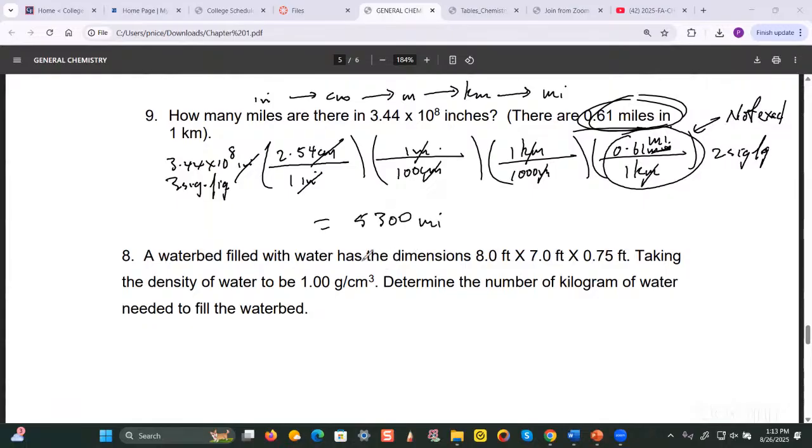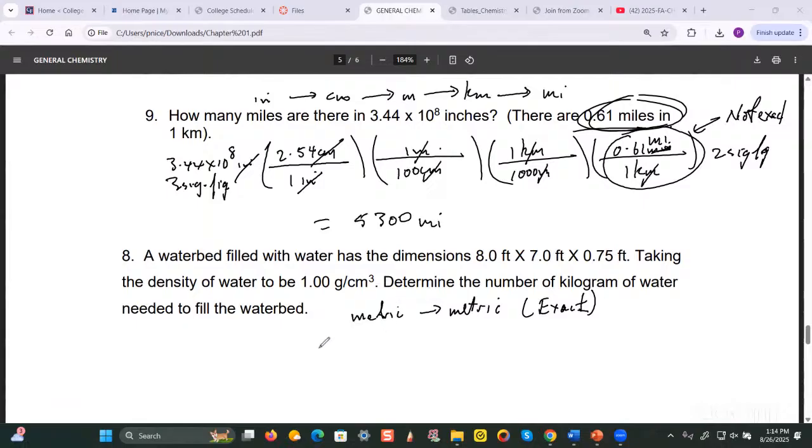Now, let me explain what I was about to talk about with respect to certain conversion factors being exact and others not. If you're converting from some metric value to another metric value, then that would be an exact relationship. So if you're converting from kilograms to grams or centimeters to meters, then those conversion factors would be exact.